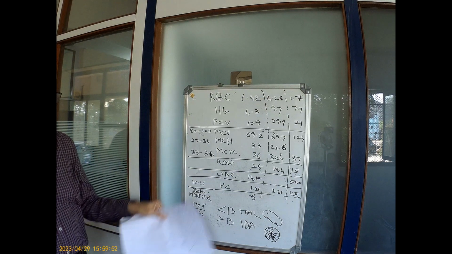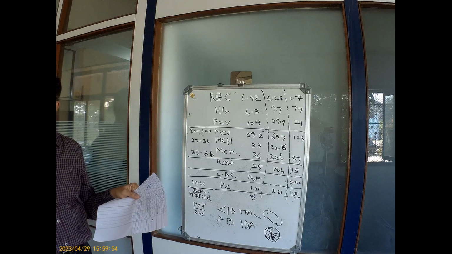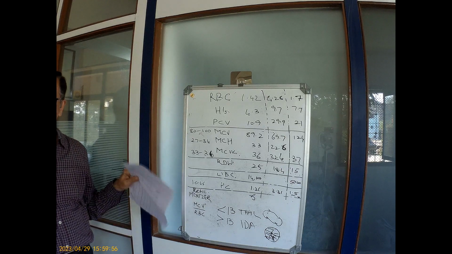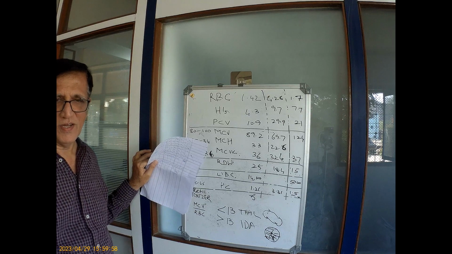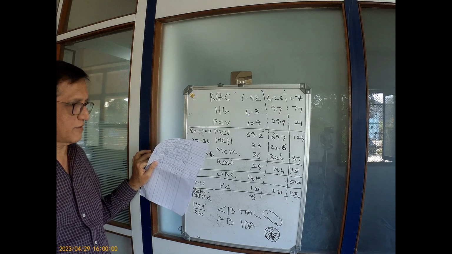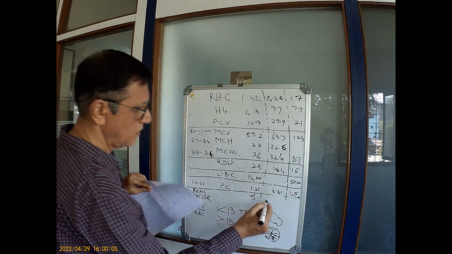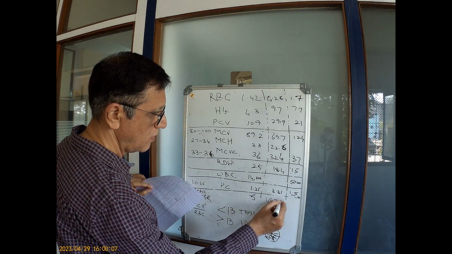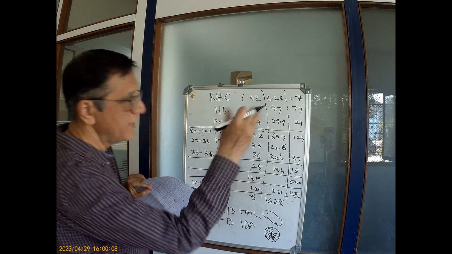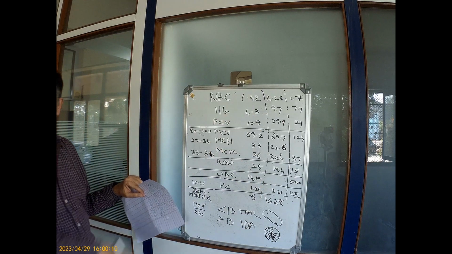Correct. Now, diagnosis? Iron deficiency, but then if you do the measures, this is 16.28. Iron deficiency.